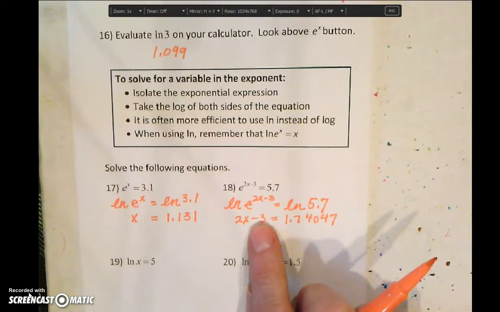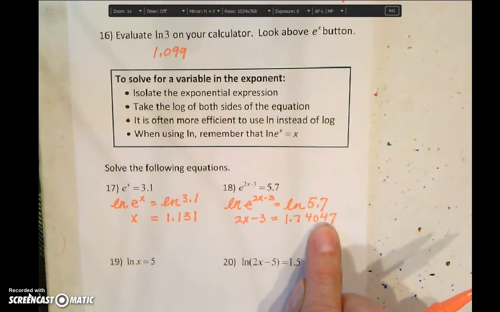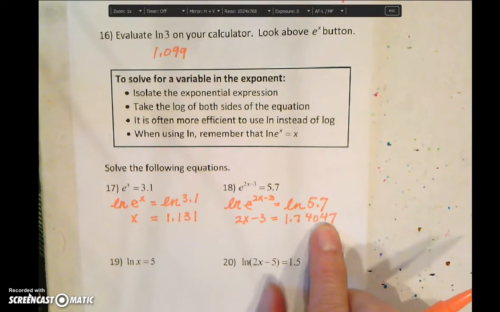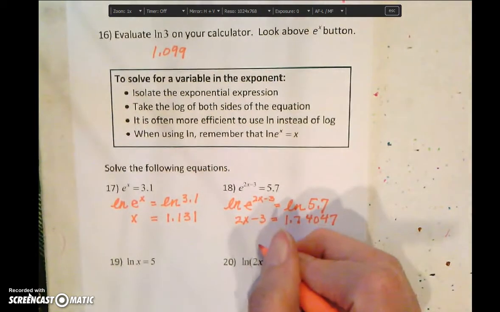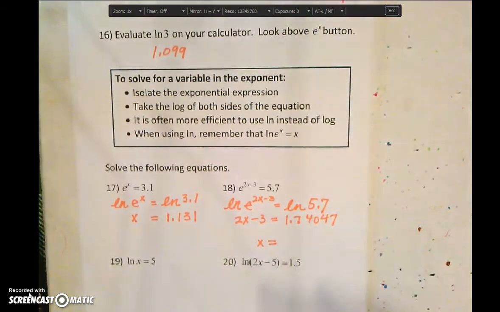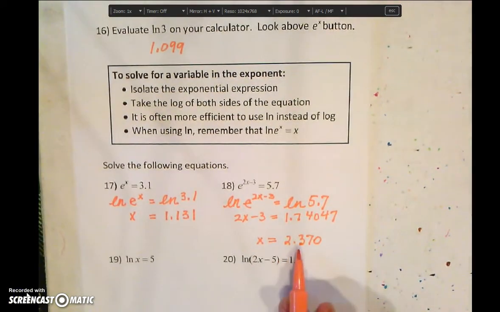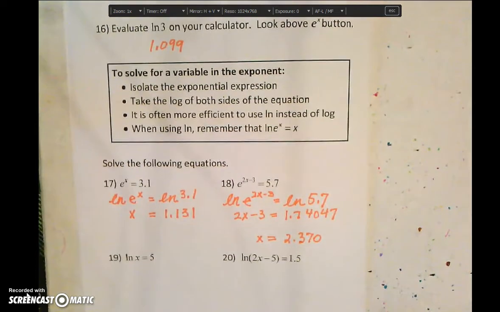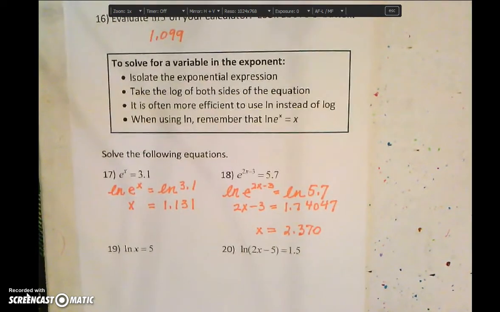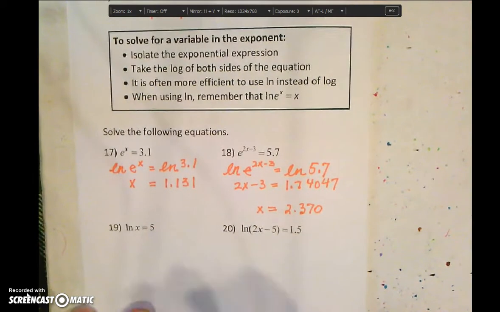I'm now going to add 3 to it, and I'm going to divide that answer by 2 to get that final answer of x. So again, I'm going to go to my calculator, add 3, and divide by 2. And I get 2.370. I went ahead and emphasized that that end is 0 is actually what it got rounded to, so I left it like that. 2.37 would be okay.